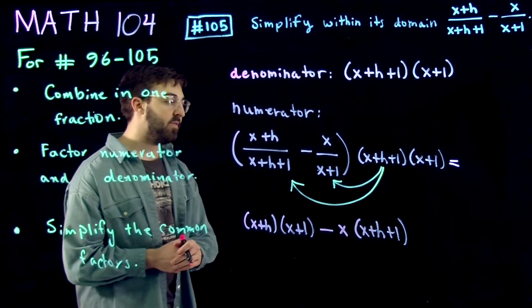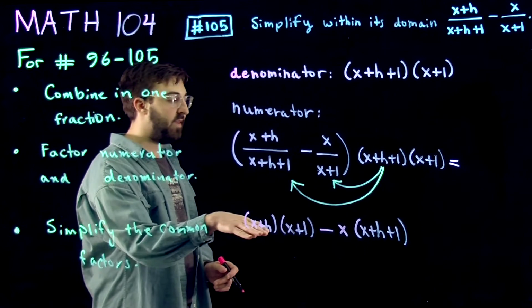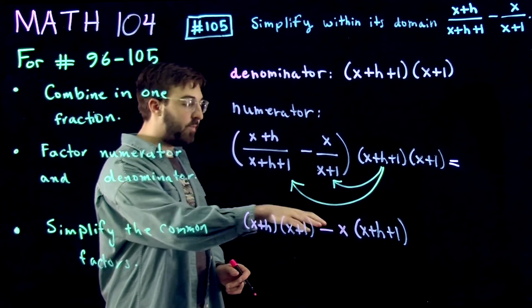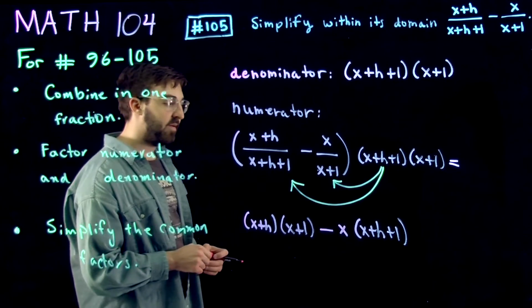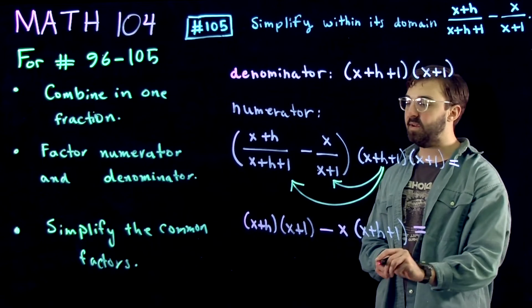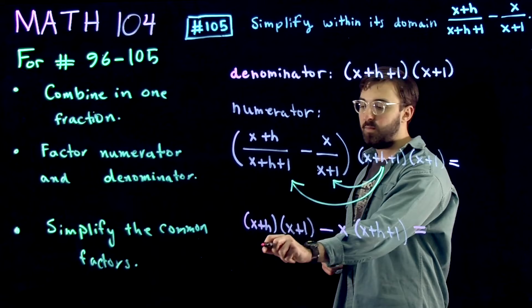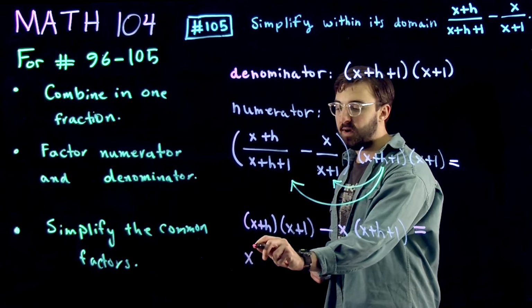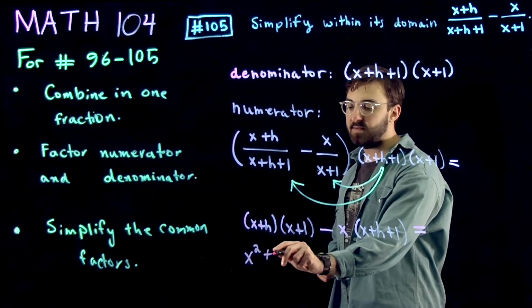Okay, so now what we need to do is distribute within this, distribute the x here, and then gather our like terms. If you use the FOIL method, first gives us x squared. The outer term gives us plus x.